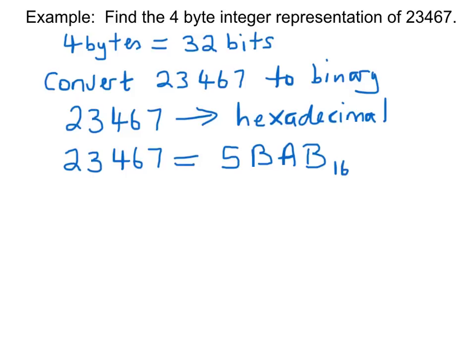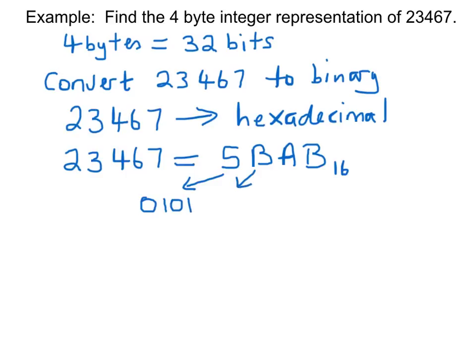Now, if I refer you to an earlier video again, converting between binary, octal and hexadecimal, you'll find that to convert from hexadecimal to binary, it's fairly straightforward. What we do is we replace each digit in the hexadecimal number by its 4-digit binary equivalent. So the binary representation of 5 is 101, so in 4 digits that's 0101.